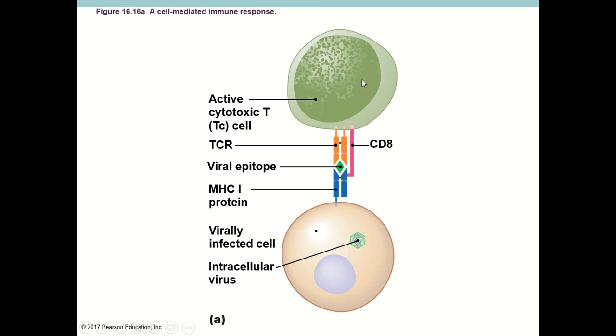As you notice, there are different structures that are helping in the binding of the active cytotoxic T cell to the infected cell, to include the T cell receptor right there, the CD8 receptor right here, the epitope of the virus, the major histocompatibility complex of the class 1. So this would be right here an antigen presenting cell, which was again infected by a virus, and it's presenting itself to a cytotoxic T cell for its own destruction.